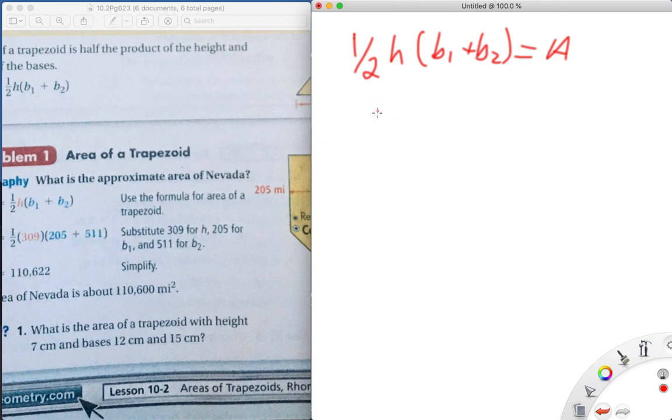So in this case, we have a height of 7 centimeters. We have a base 1 of 12 centimeters. And we have a base 2 of 15 centimeters.